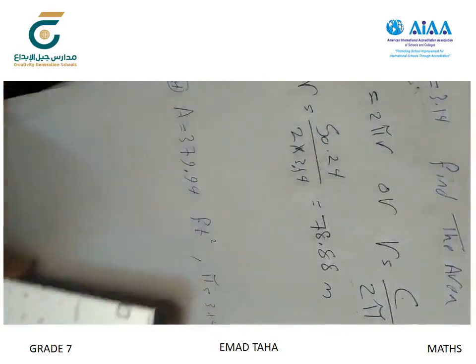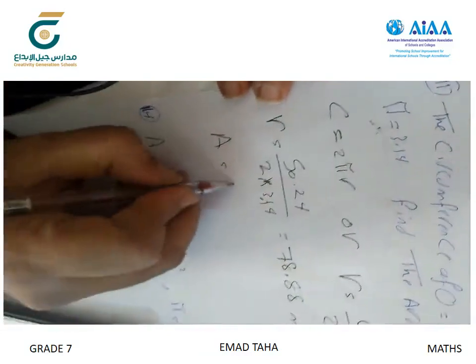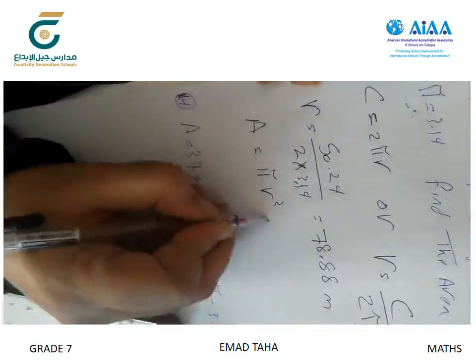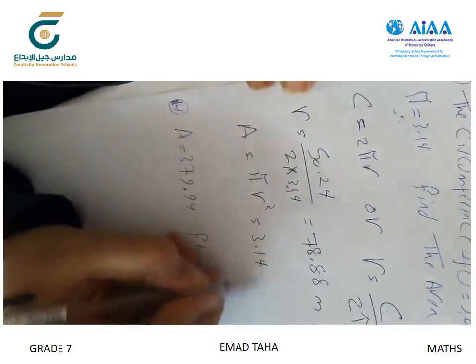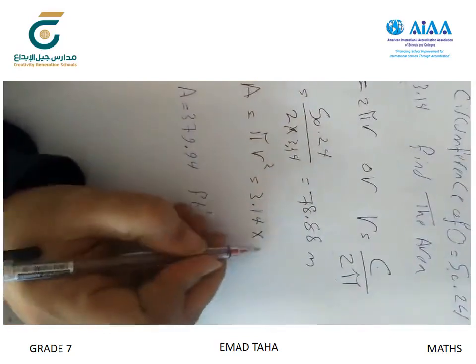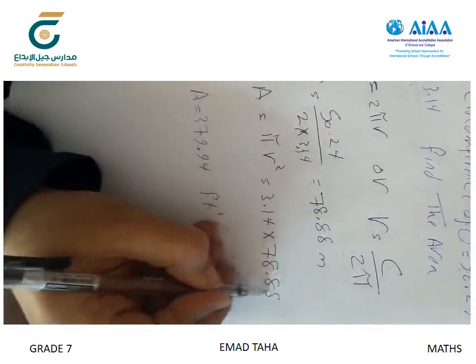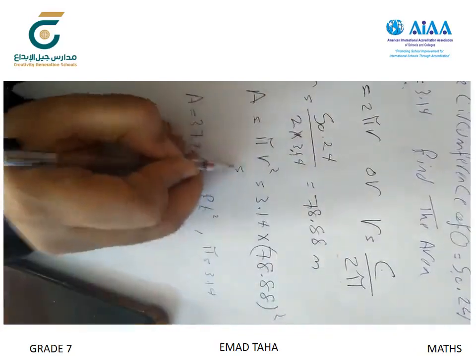Now we can find the area. Area equals pi r squared equals 3.14 multiply r squared, 78.88 squared.